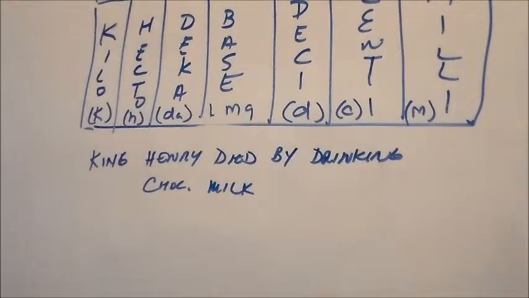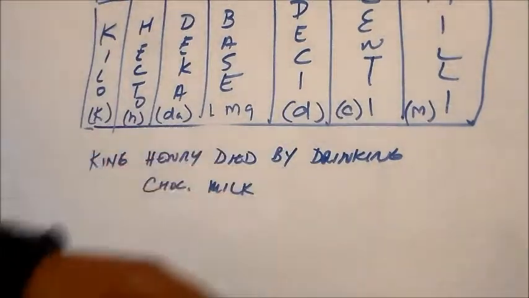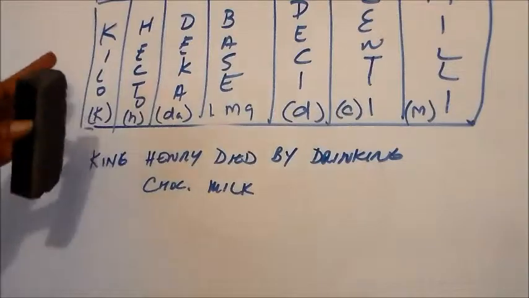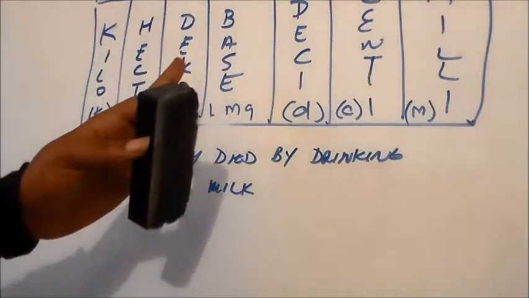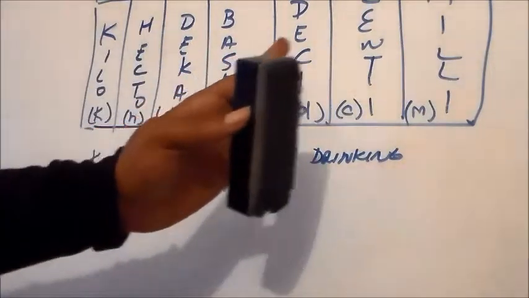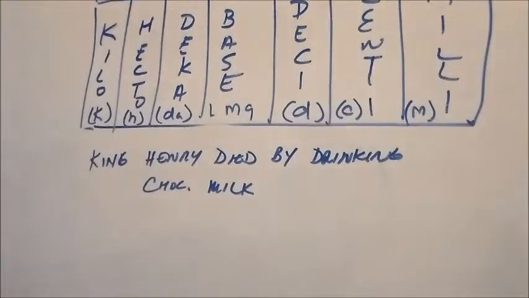Millimeters, that is right. And memory aid: king, Henry, died by, drinking, chocolate, milk. And it gives us the 3 units on the left of the base side and 3 units to the right of the base side.